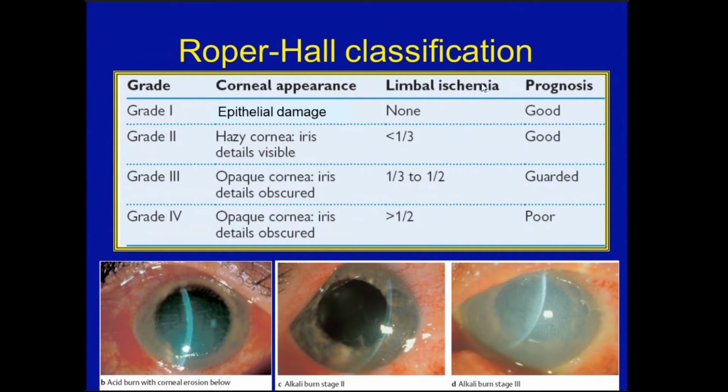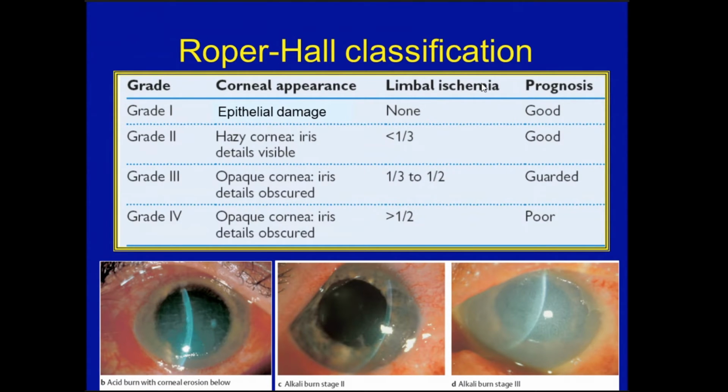And grade 4, very severe burn, totally opaque cornea, limbal ischemia more than half of the limbus, and the prognosis is usually poor.